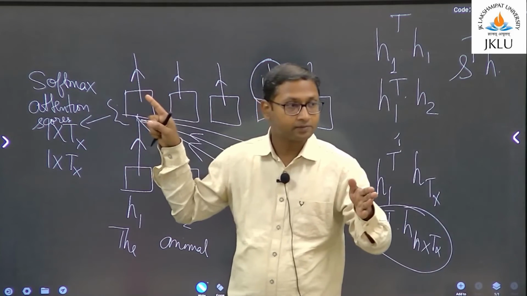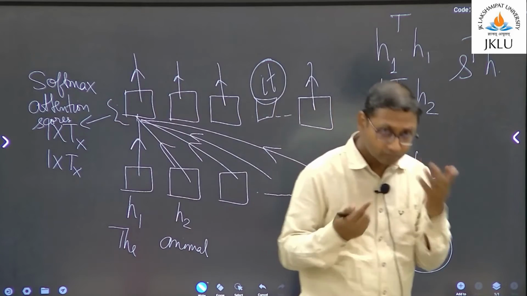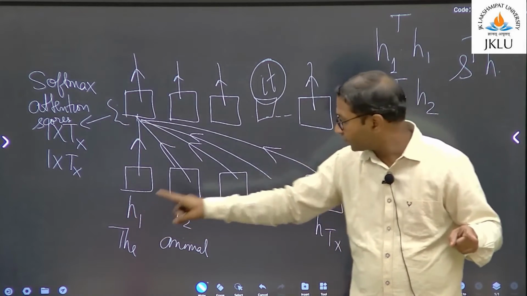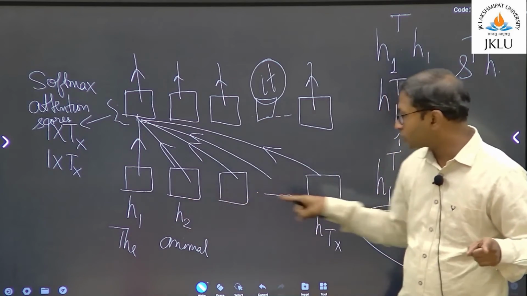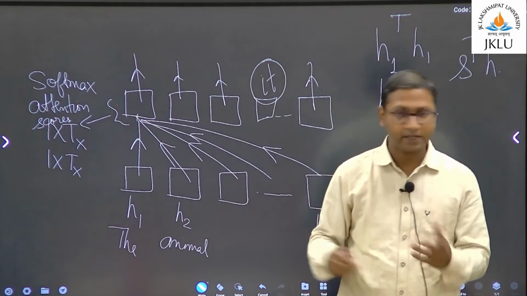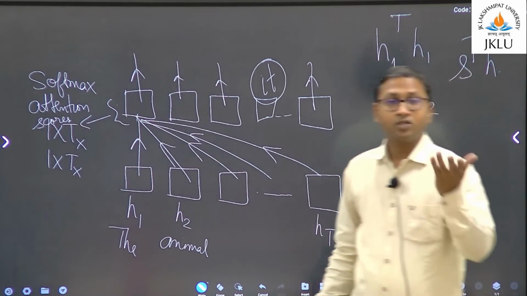Now what else? How do I compute this final output vector? Same old thing, alpha 1 times H1, alpha 2 times H2, and so on. So the final dimensions of this will be same as any other H.